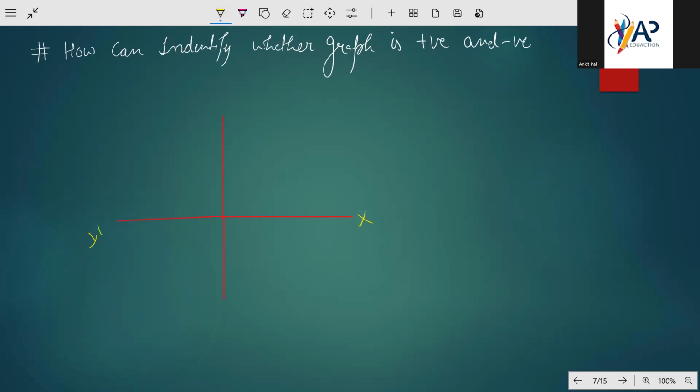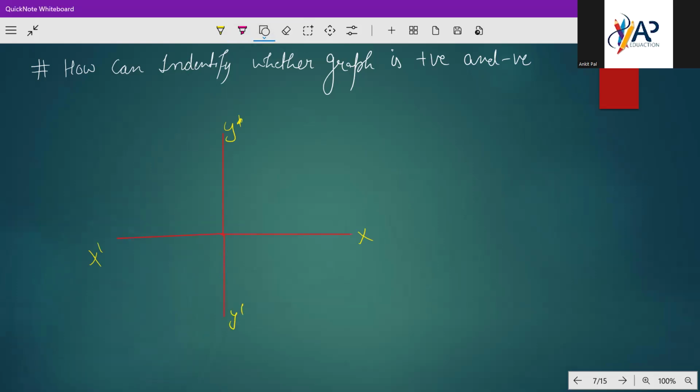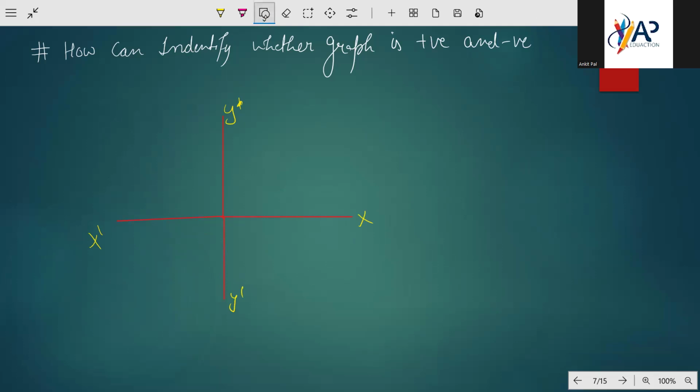X, x dash, y, and y dash. Suppose that we draw another tangent like this. How can we say that this graph is positive or negative?